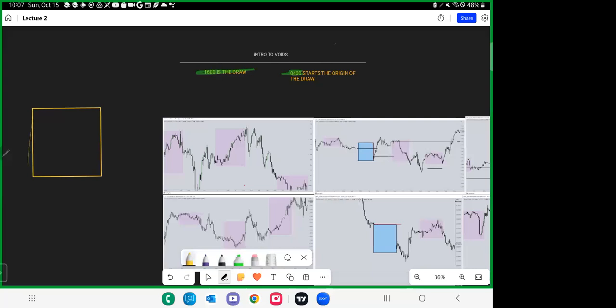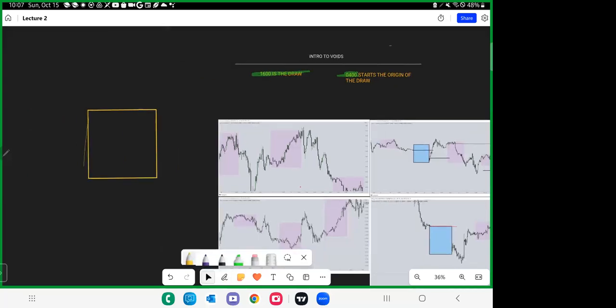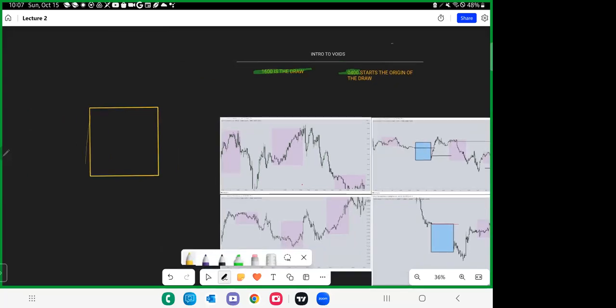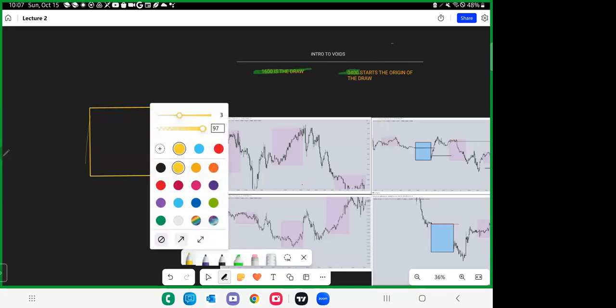this window of time is a low liquid period, right? It's a void. It's almost like it doesn't really exist. Now, if that period of time, or price, doesn't really exist, then that means that time delivers price.